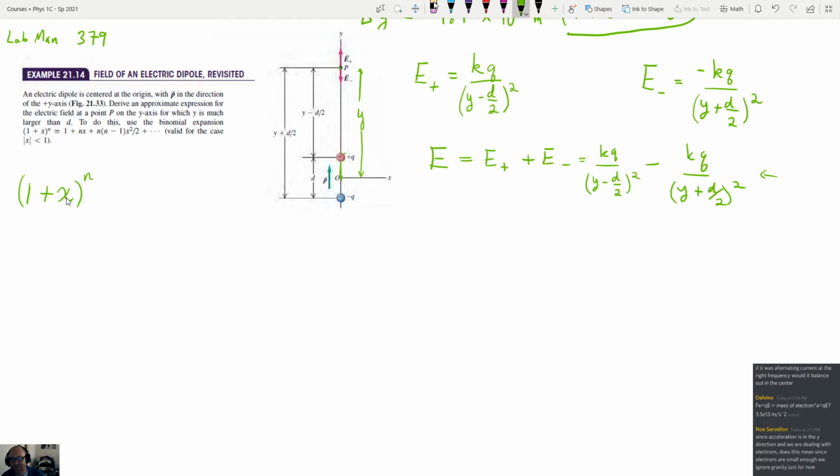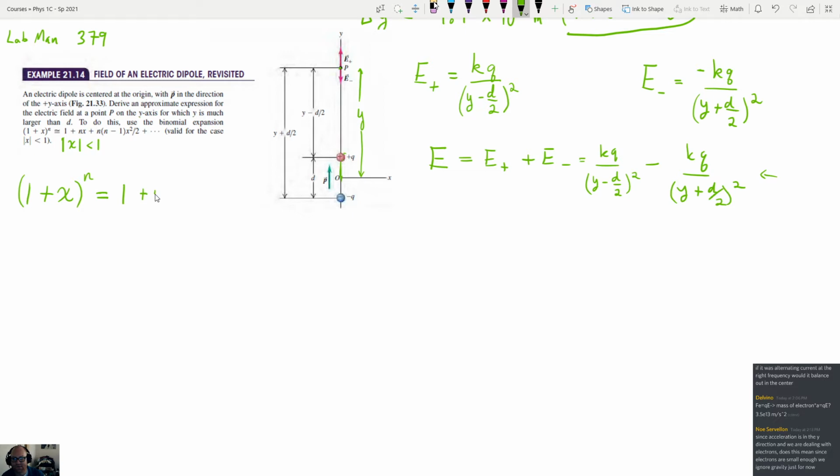As long as the absolute value of x is less than 1, then to expand this expression you could write 1 plus n times x, and then plus more terms.